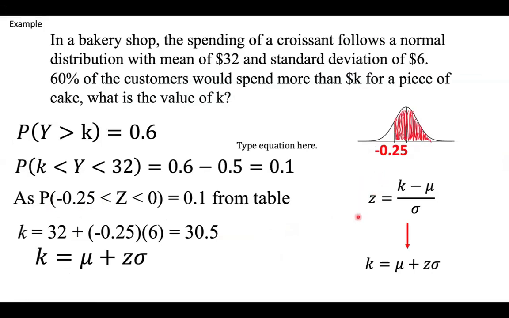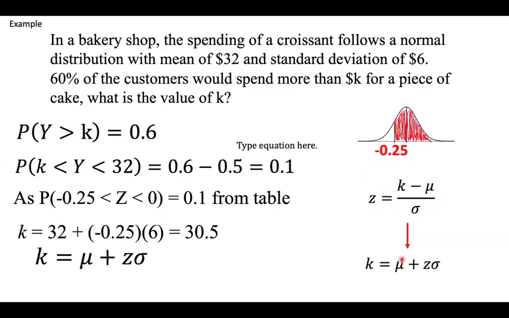Finally, we have standardization. This was from last week, when we were looking for Z. This week, we're looking for K because we're solving for K right here. Z is negative 0.25, mu is the mean, 32, and sigma is the standard deviation, 6. We can manipulate this: we multiply the standard deviation to the other side and add the mean to the other side.